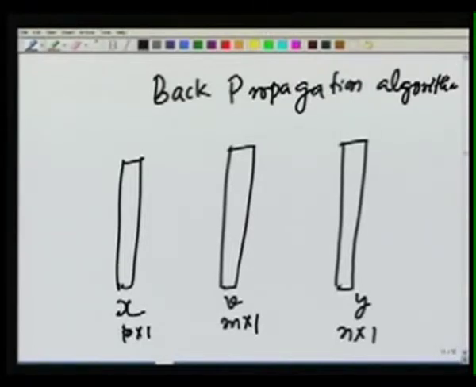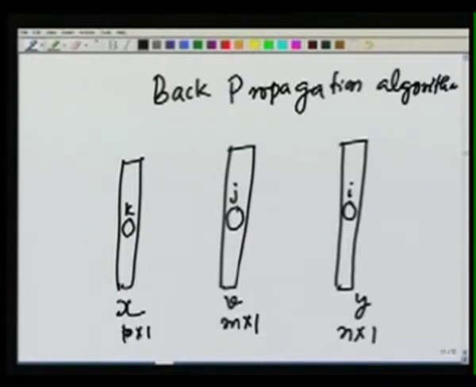So, let us consider a jth computational unit in the hidden layer, ith computational unit in the output layer, and kth computational unit in the input layer.